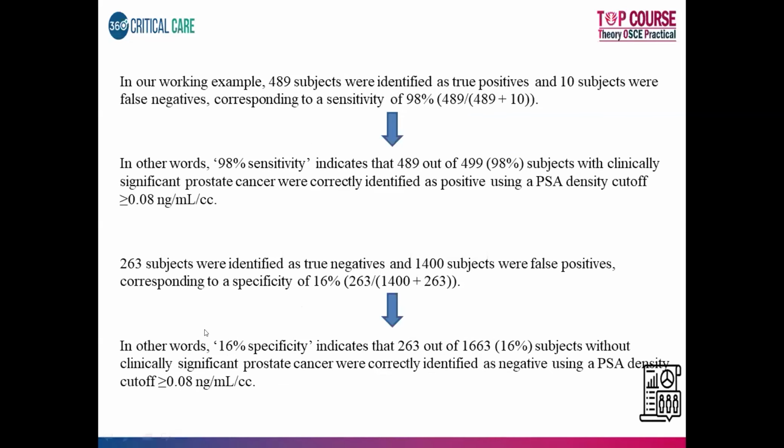The answer would be around 16%. So what does 16% specificity mean here? It means that 263 out of 1663 patients without clinically significant prostate cancer were correctly identified as negative using this test. So this is about sensitivity and specificity.